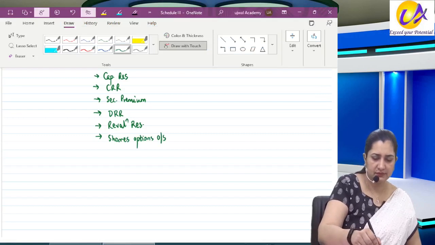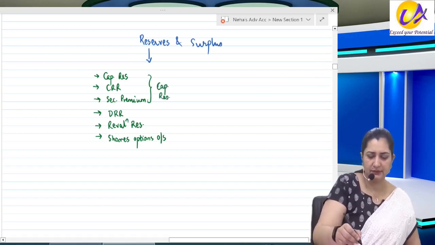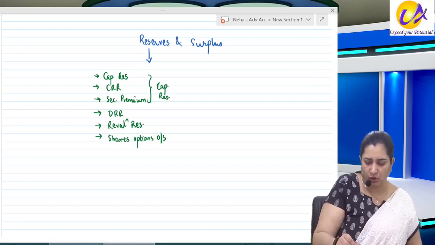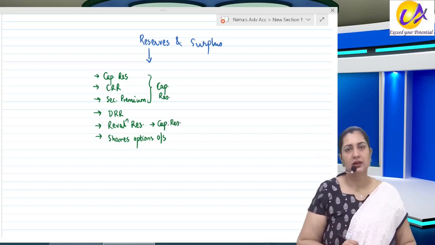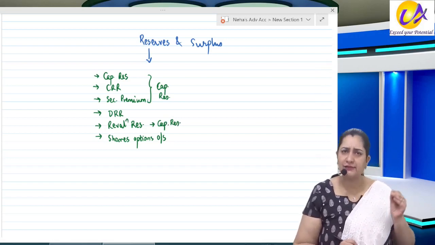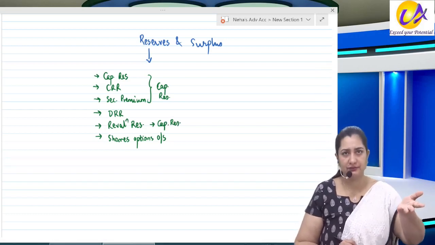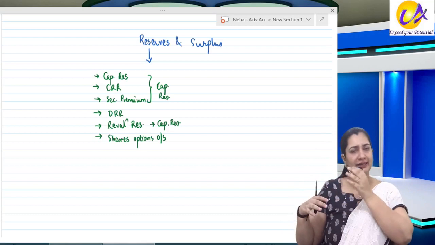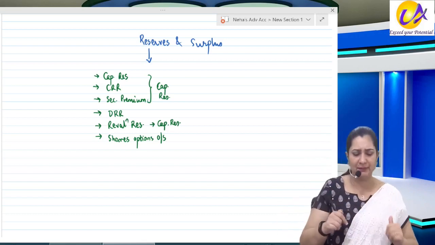Out of this, these are definitely capital reserves. These are capital reserves, means capital profits. Revaluation reserve is also a capital profit, capital reserve. Debenture redemption reserve is for debentures, but eventually it gets transferred to general reserve. The end result of that DRR is it gets transferred to general reserve. So we don't consider it like a capital reserve, okay?